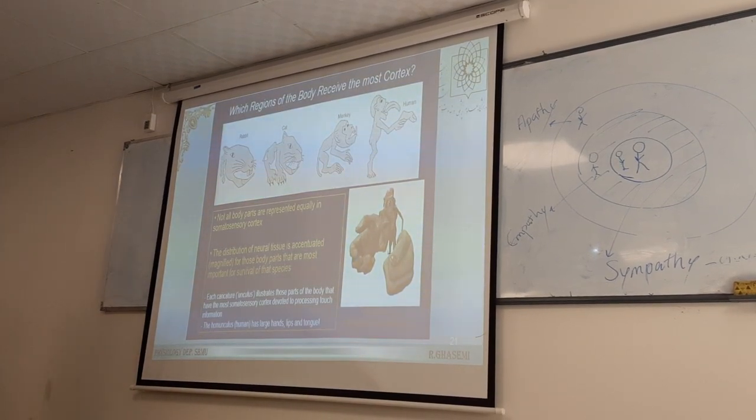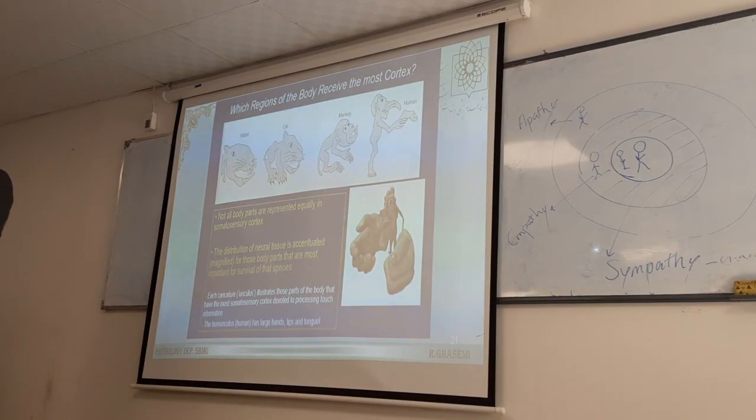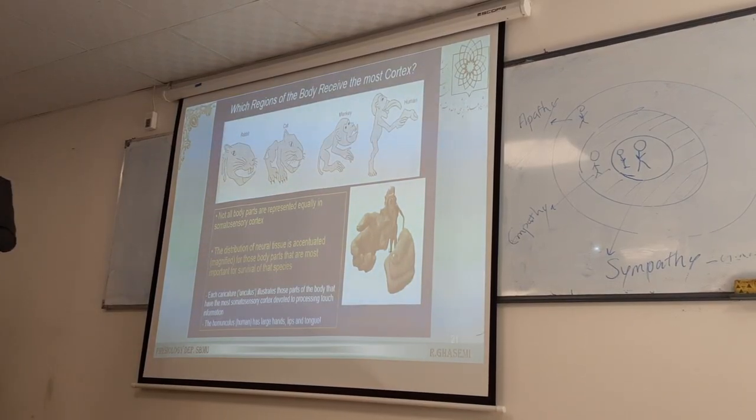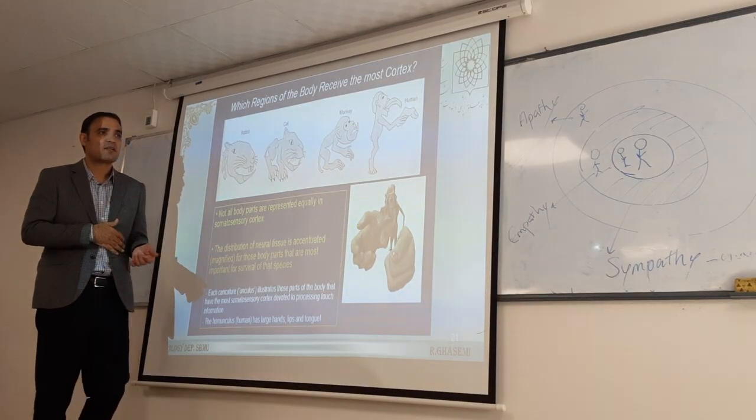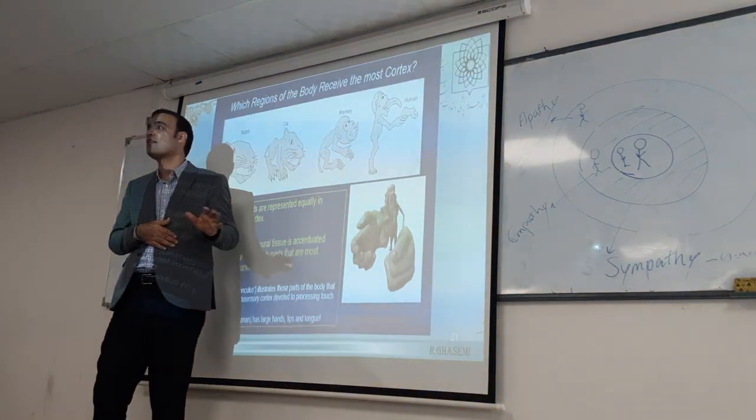In this last session, I'm going to discuss about the pain. Before, you remember I told you about the somatosensory cortex, and I told you that the somatosensory cortex is not normally the same.